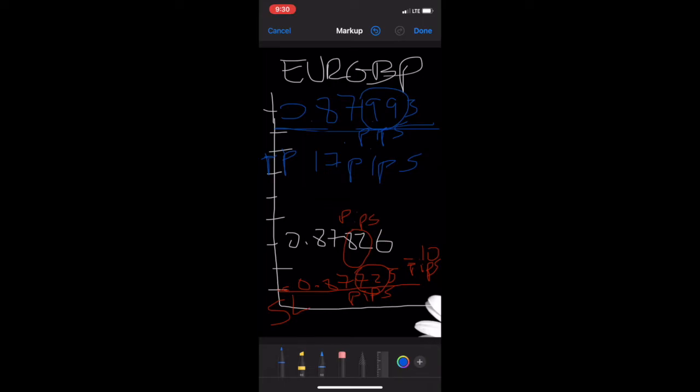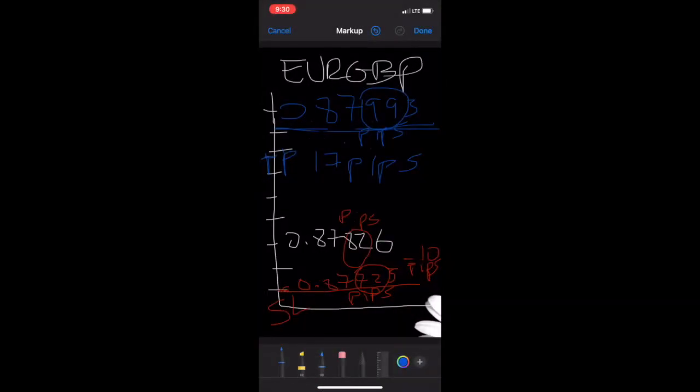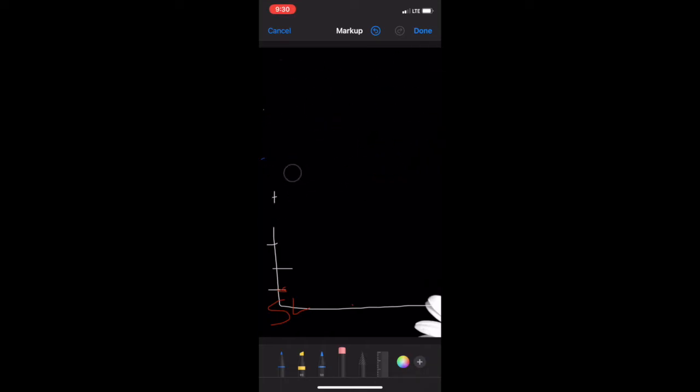So this is a type of trade. If the stop loss is at 87.72, we can potentially lose 10 pips, but we can also potentially win 17 pips. So this is how you're going to be able to find the distance. Again, you will have the coordinates of the stop loss and the take profit.